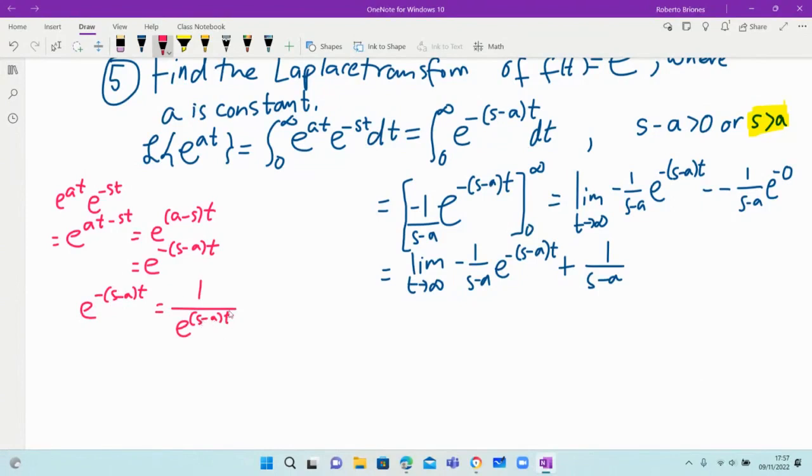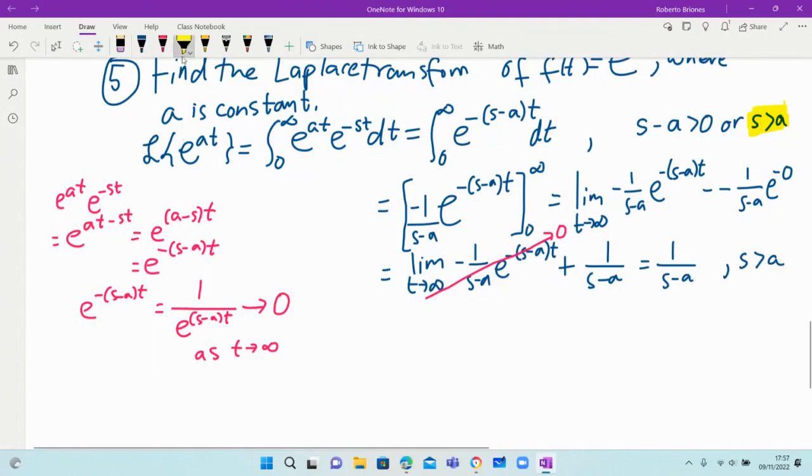And since s minus a is positive and t goes to positive infinity, this term will definitely go to 0 as t goes to positive infinity. So this limit expression will be equal to 0, and in the end what we get is 1 over s minus a. And this is always true as long as s is greater than a.